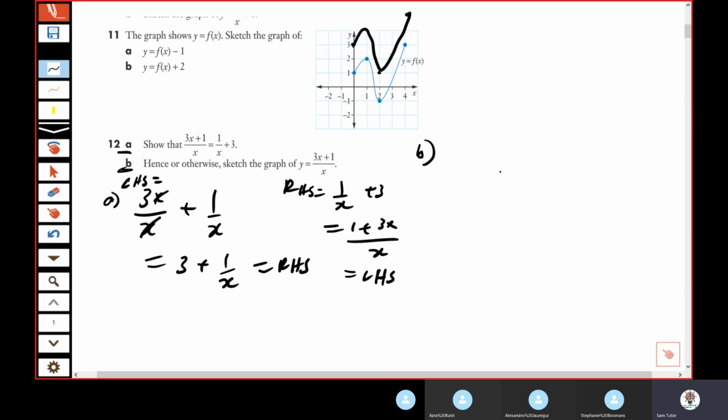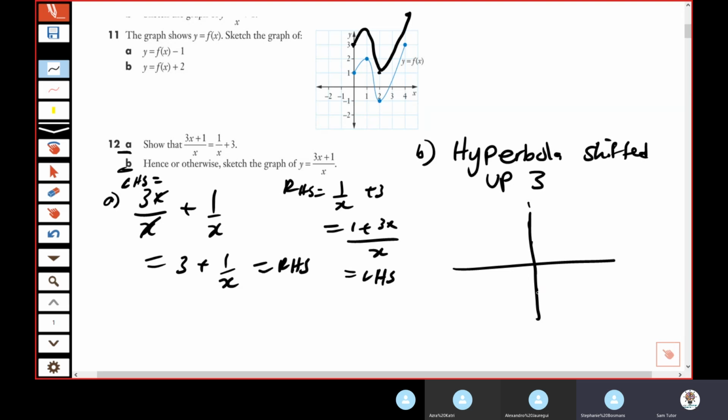What function is this? Hyperbola. Shifted up 3, right? That's a hyperbola that's been shifted up 3. Here's your original hyperbola.